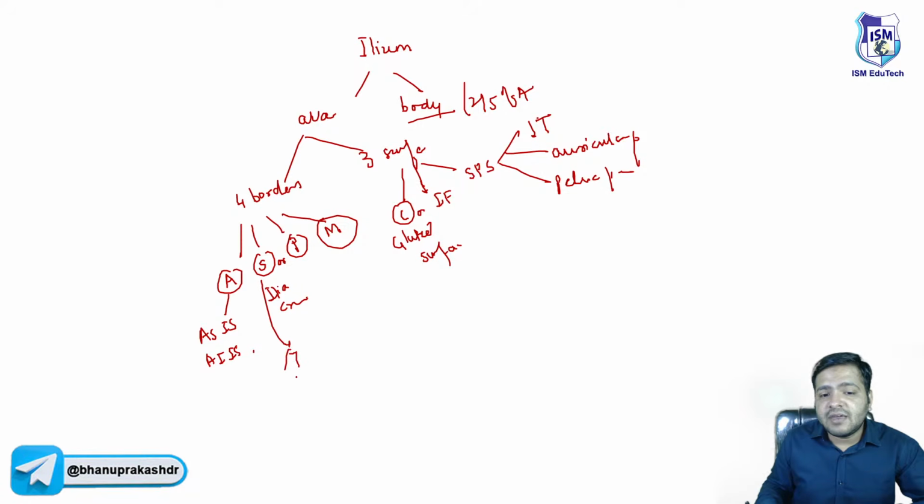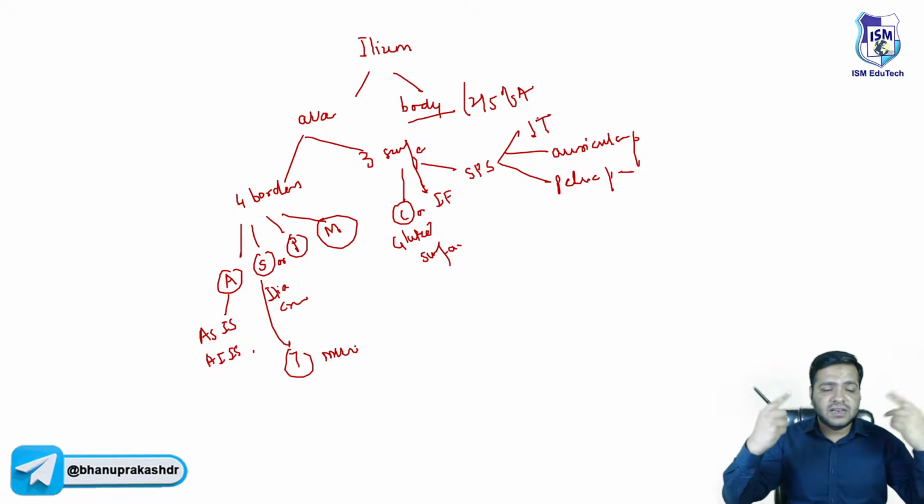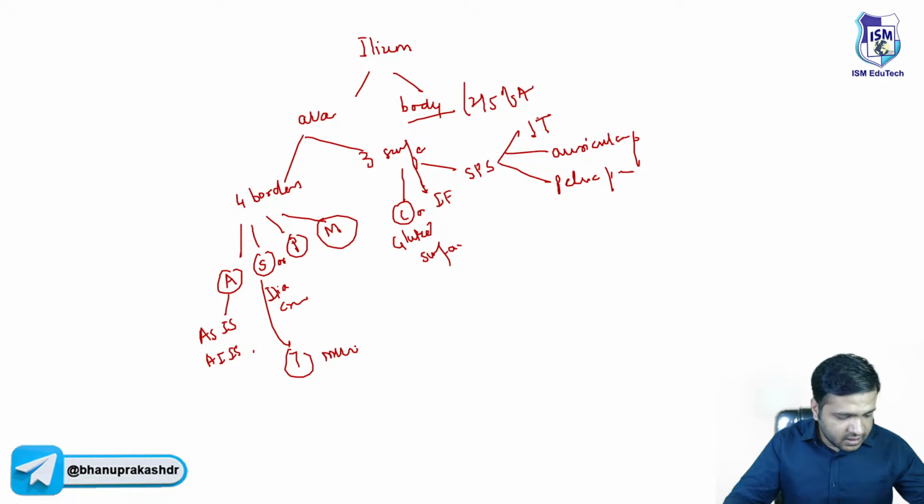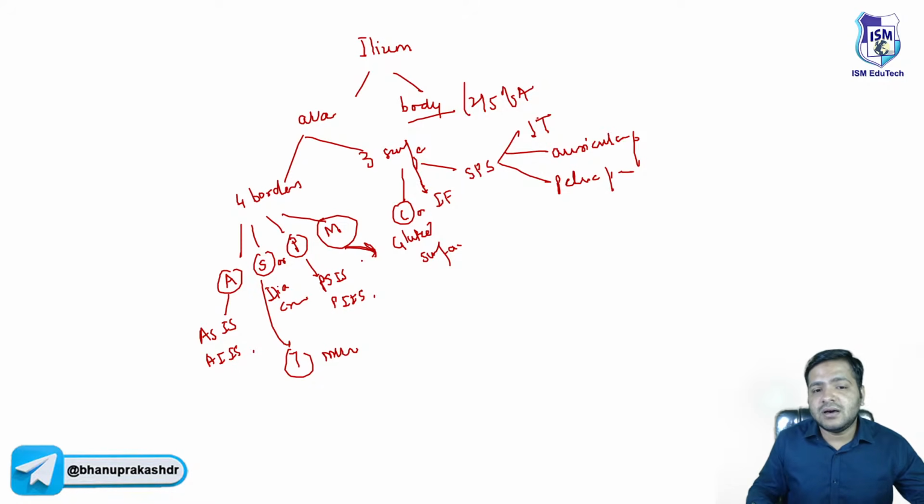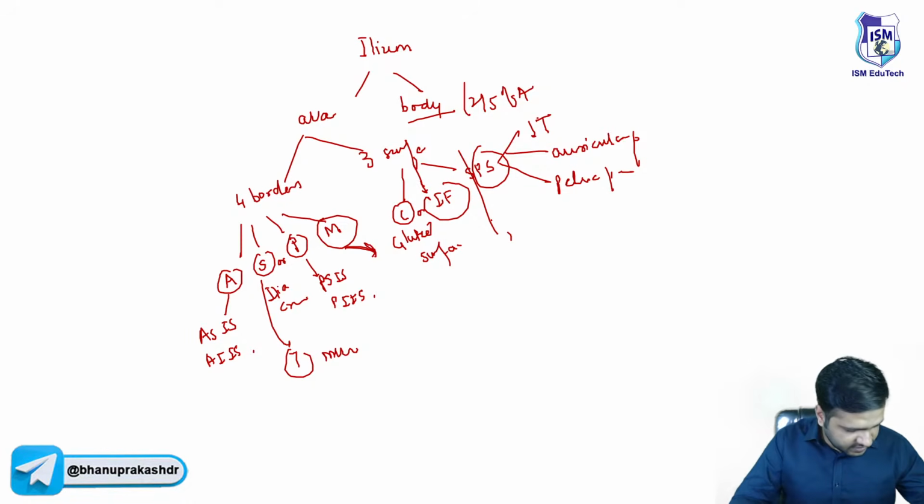The superior border contains 7 muscles from anterior to posterior, which you have to learn. The posterior border has the posterior superior iliac spine and the posterior inferior iliac spine. The medial border is the one separating the iliac fossa and the sacropelvic surface.